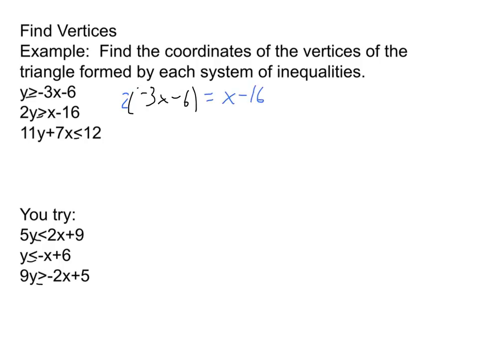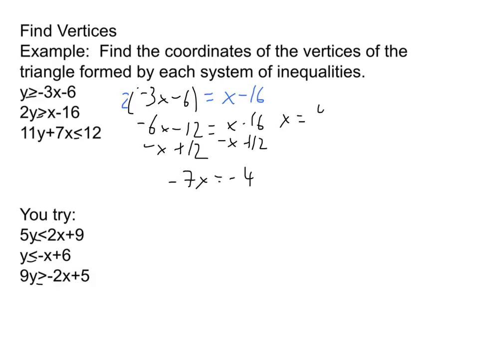Okay, I distribute. I get negative 6x minus 12 equals x minus 16. So I'm going to move this x over. I'm going to move that 12 over. So I get negative 7x is equal to negative 4. So x equals 4 over 7.